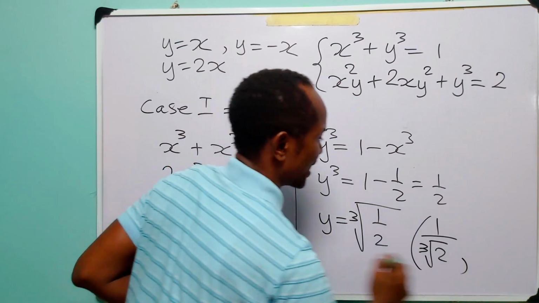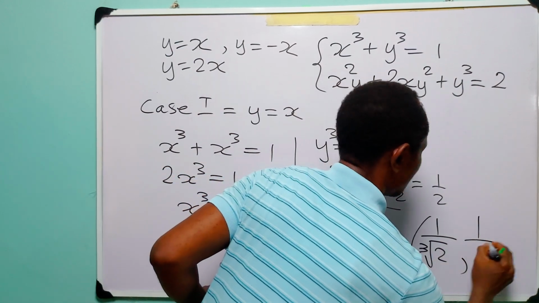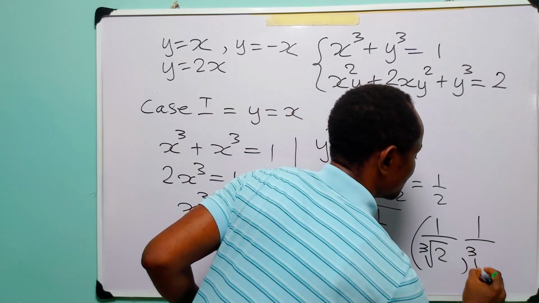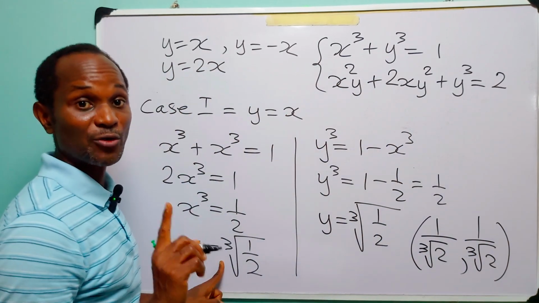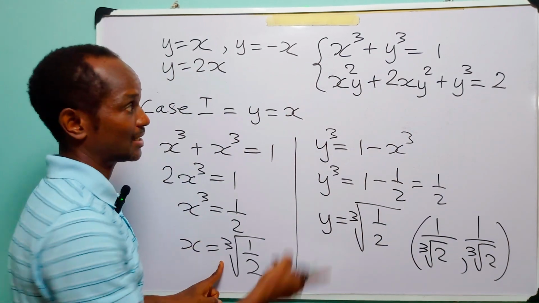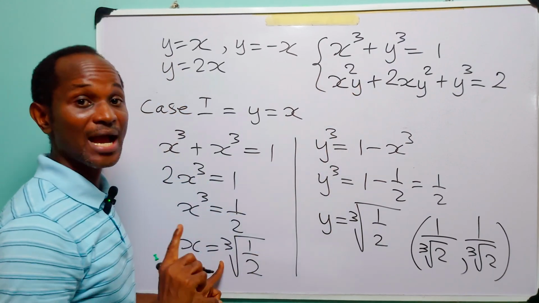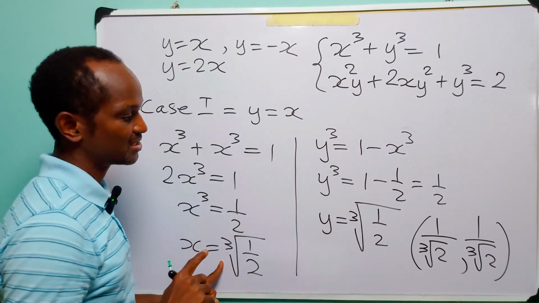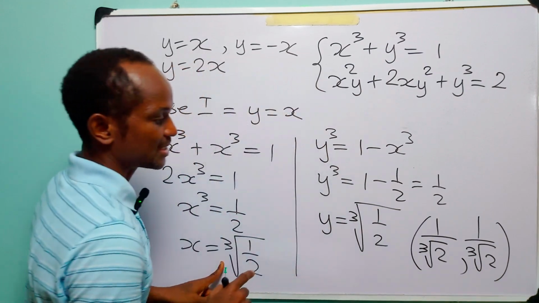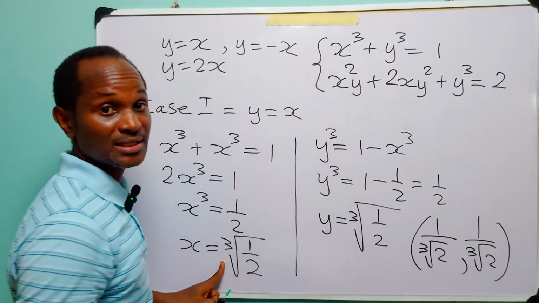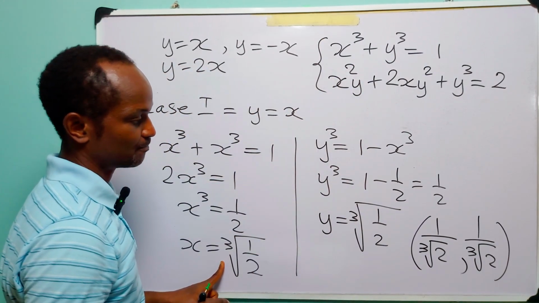And we have that y is equal to 1 over cube root of 2. Remember, we are only looking for the real values of x and y that satisfy these two equations. We are not considering the complex values. So this is the first set of values that satisfy these two equations simultaneously.